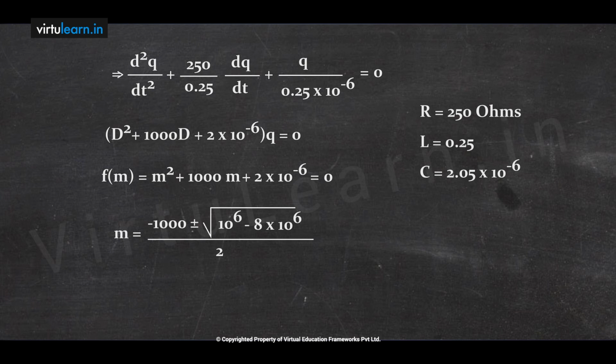Otherwise you can use a scientific calculator. Minus 1000 plus or minus 1000 root 7 i by 2. Therefore I got the roots m equals minus 500 plus or minus 1323 i.